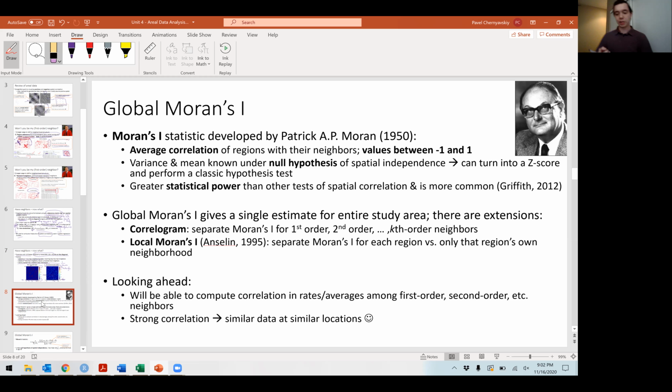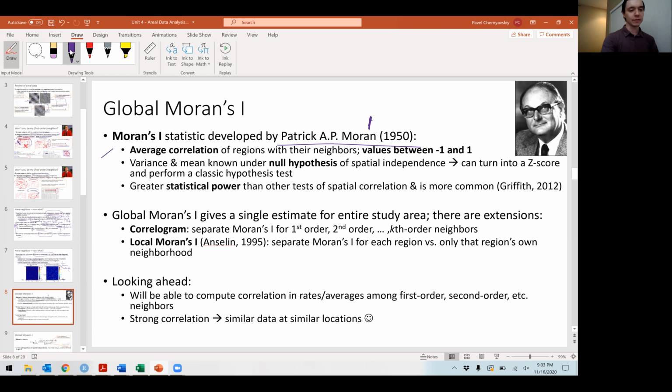So geostatistics gives us the variogram. Point pattern models have things like the K function, Fry plot. Areal data analysis has, among several such measures, the Moran's I. It was developed in 1950 by Patrick Moran, and we don't want to call him a bad name, so the emphasis is very much in the A. It's Moran, Patrick Moran.